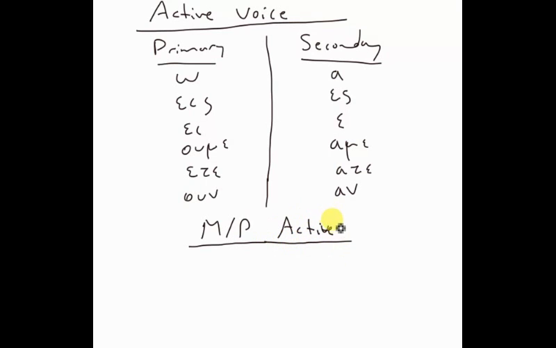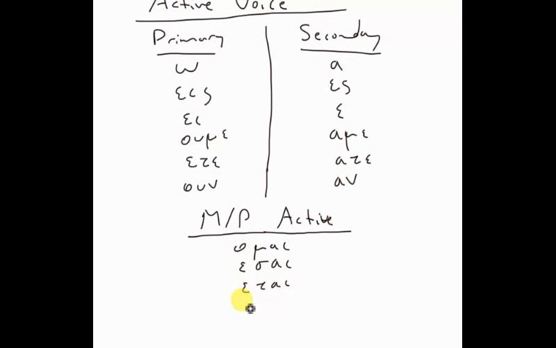The endings are ome, esse, ete, omaste, osaste or este, and onde. So these are the endings that are going to help us to say I hide myself.